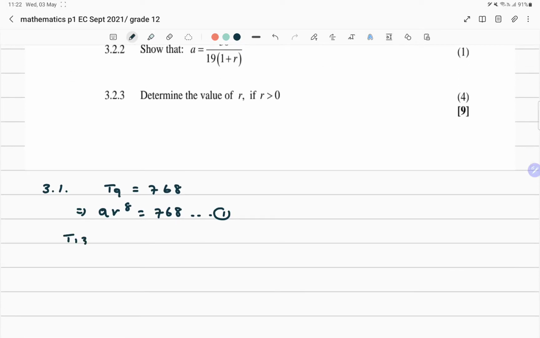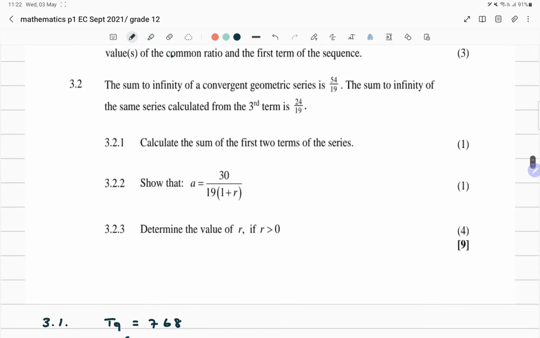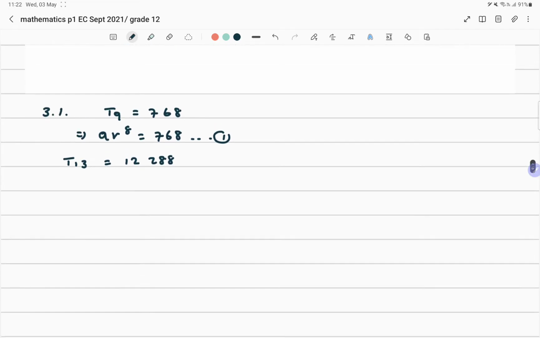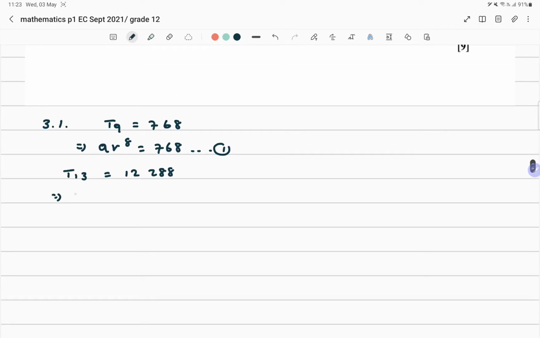So what does this imply? This implies that we've got ar^12 is equal to 12,288. Equation 2. Okay, so that's what we've got.